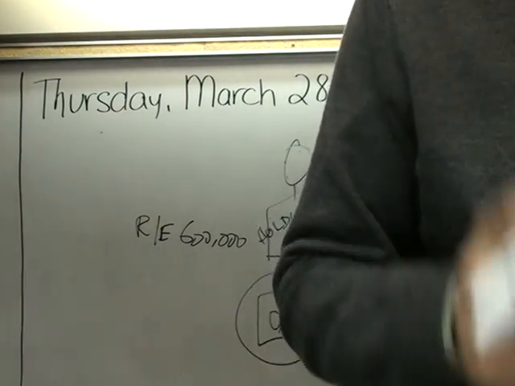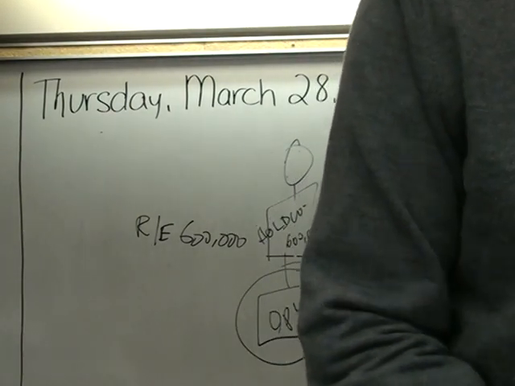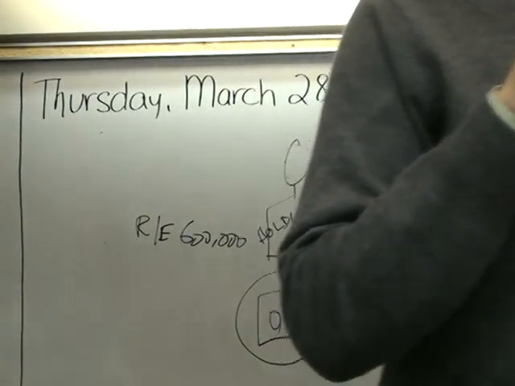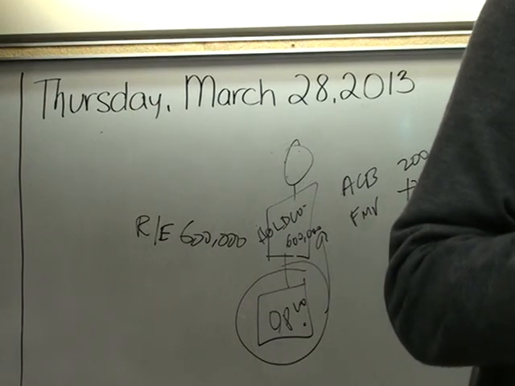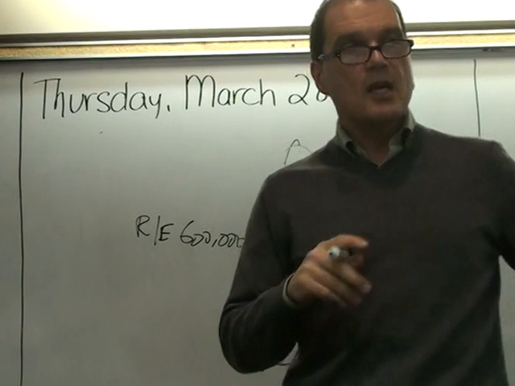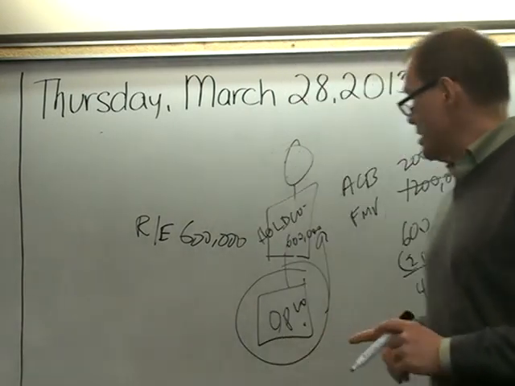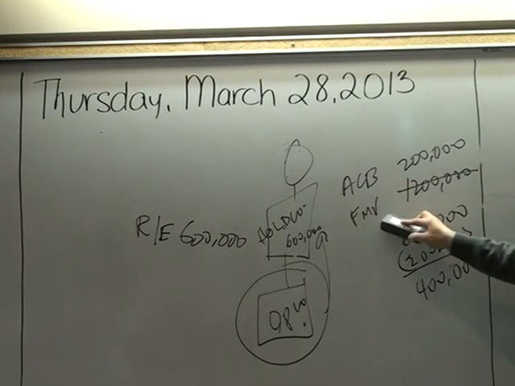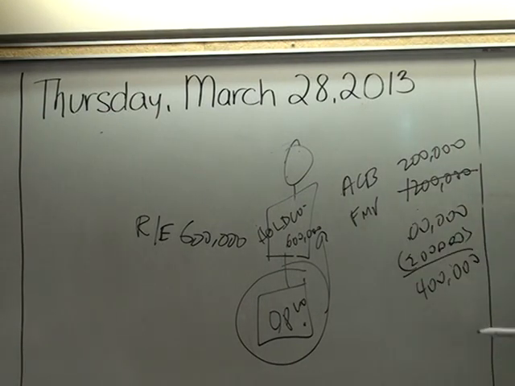Page 574 is a really good example, and it shows what happens if we pay a dividend higher than the safe dividend. It shows how that all works. So if we paid 800, the fair market value would get reduced to 400.